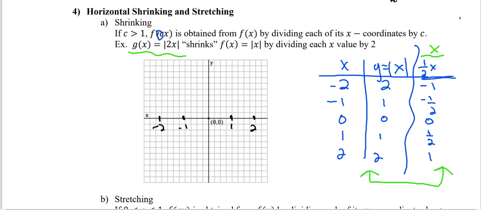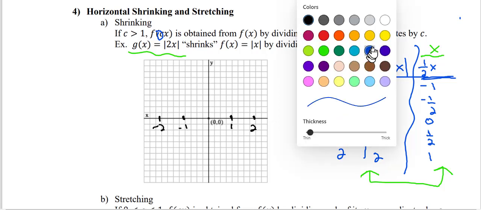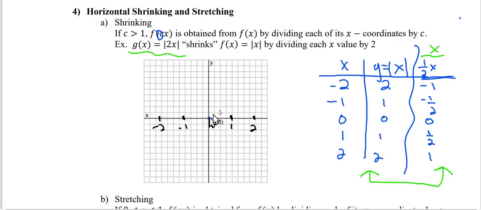And then let's graph the standard one first. It goes through here. That's going to be y equals the absolute value of x.